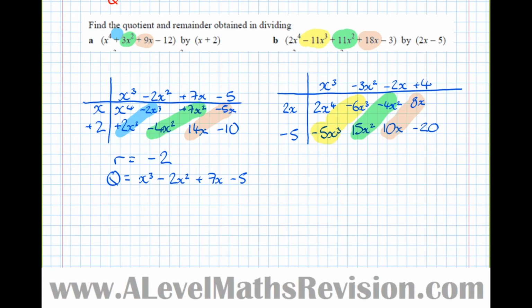We don't want minus 20, we want minus 3. So that tells us the remainder is positive 17. We add 17 to minus 20 to get to what we need here. And the quotient is x cubed minus 3x squared minus 2x plus 4.